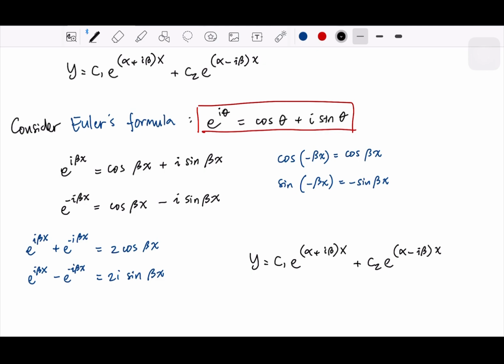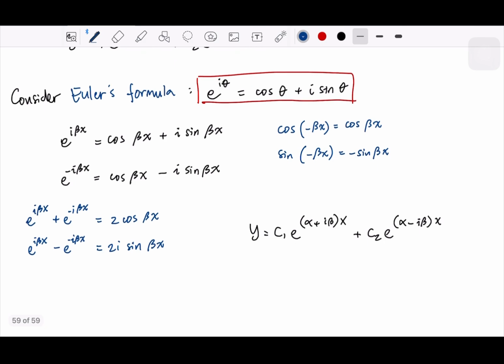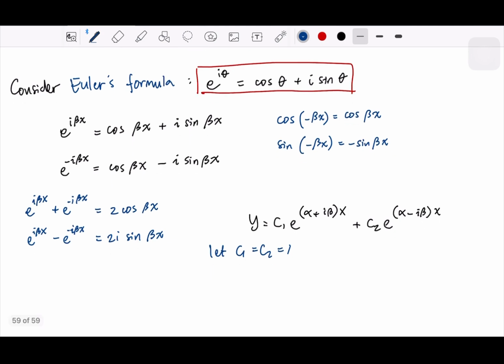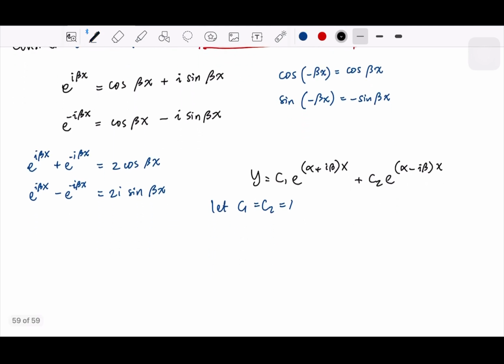So we can add the e terms together. So first let C1 equal C2 equal 1. So we are going to have first one solution.